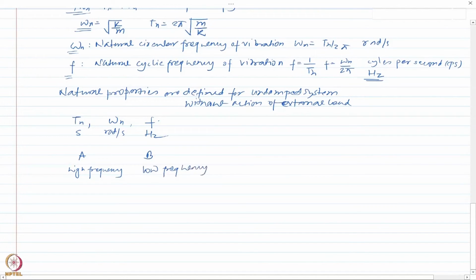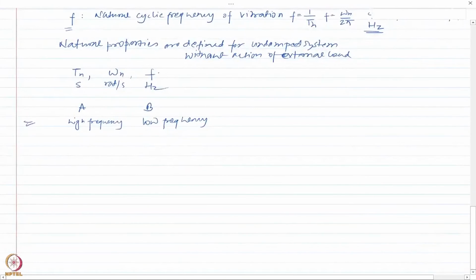What are the things you can deduce from this information? If a system has a high frequency compared to system B, there could be multiple possibilities. Let us list them. If the frequency is high, remember how the time period is connected to the frequency: the time period is either 2 pi by omega n, or it is also 1 by f.